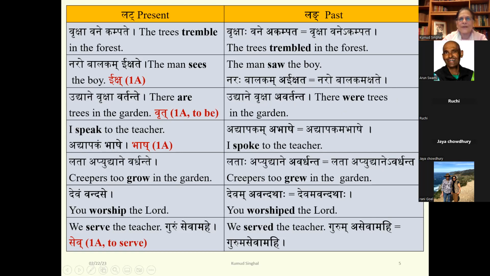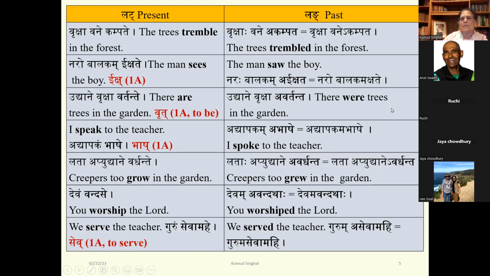No, sorry, the visarga has dropped because it is preceded by a long a. So, udyane vrikshaha avartanta. Since the visarga is preceded by a long a, the visarga is dropped.